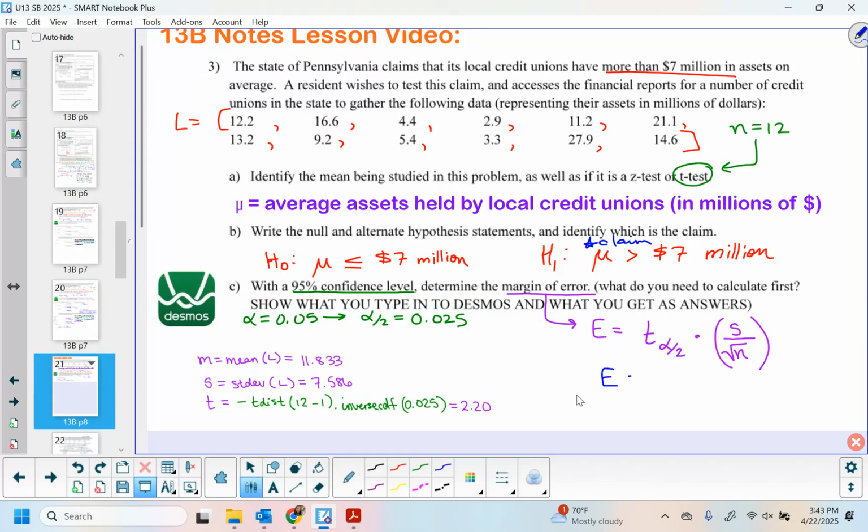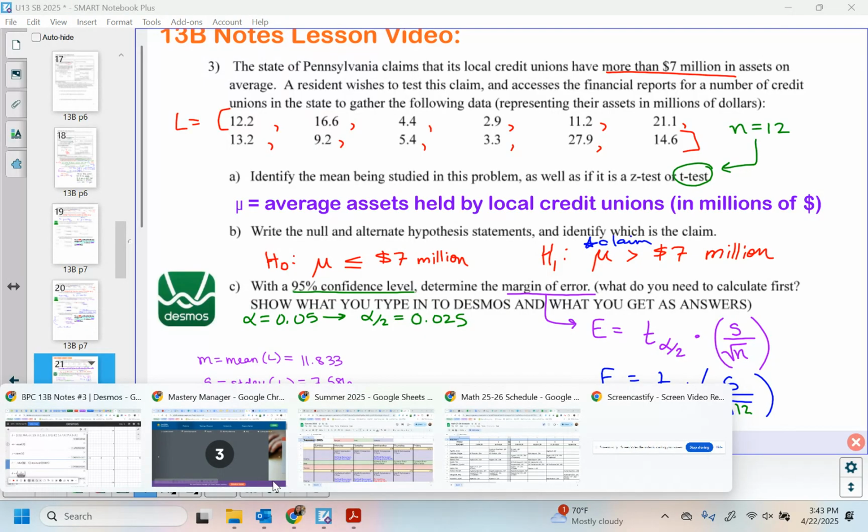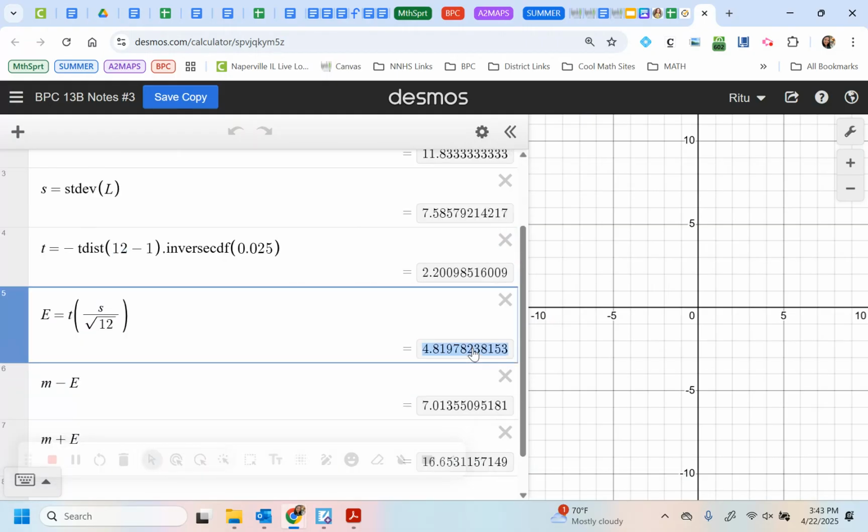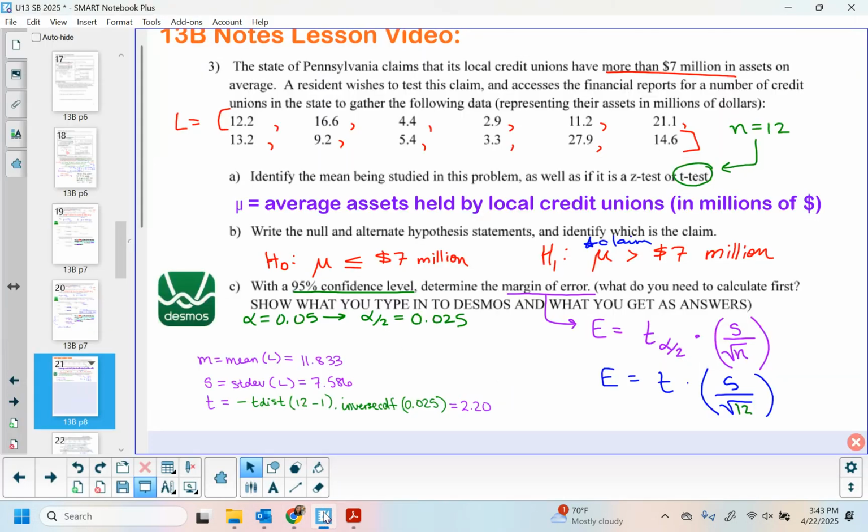In Desmos, I'll just write t times parentheses s over square root of 12. So that way I don't have to worry about rounding. And I've just put it all into Desmos. And so when I put it into Desmos, I get this 4.819, et cetera, et cetera. So I'm going to say 4.82.